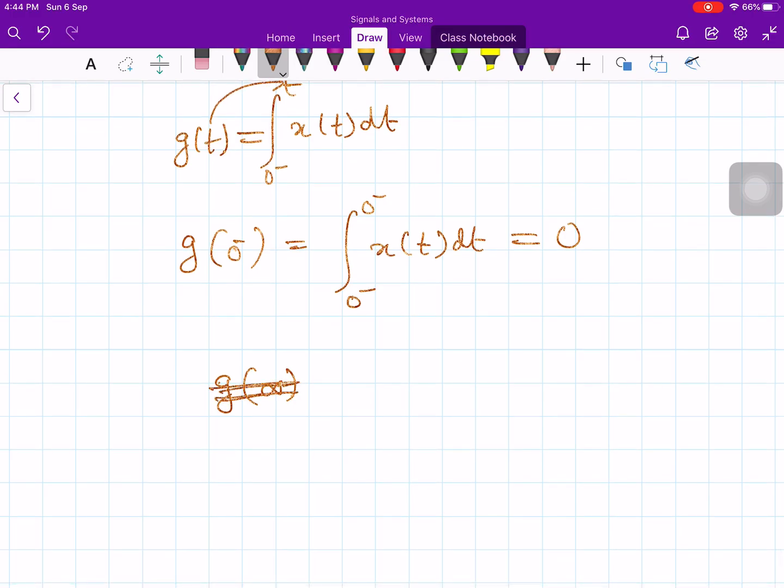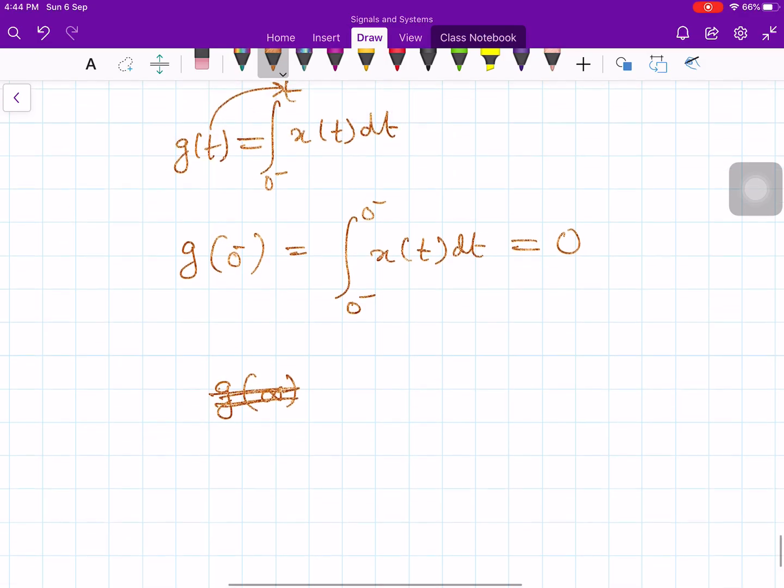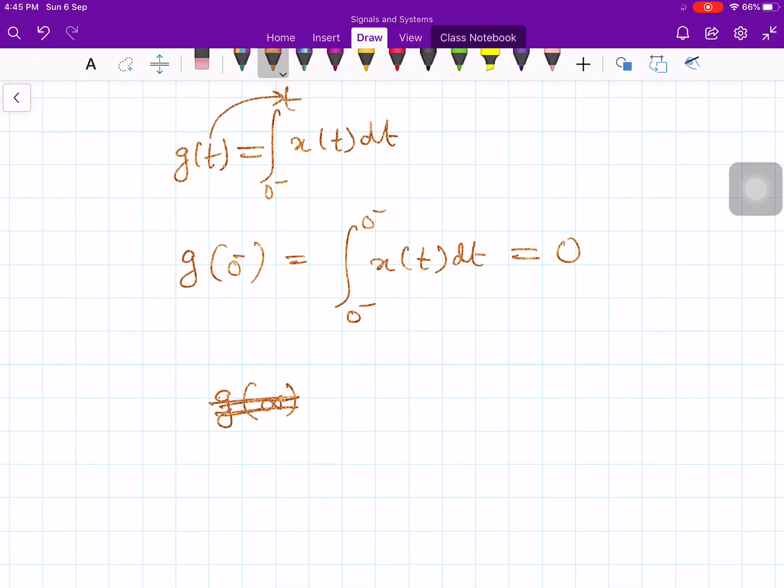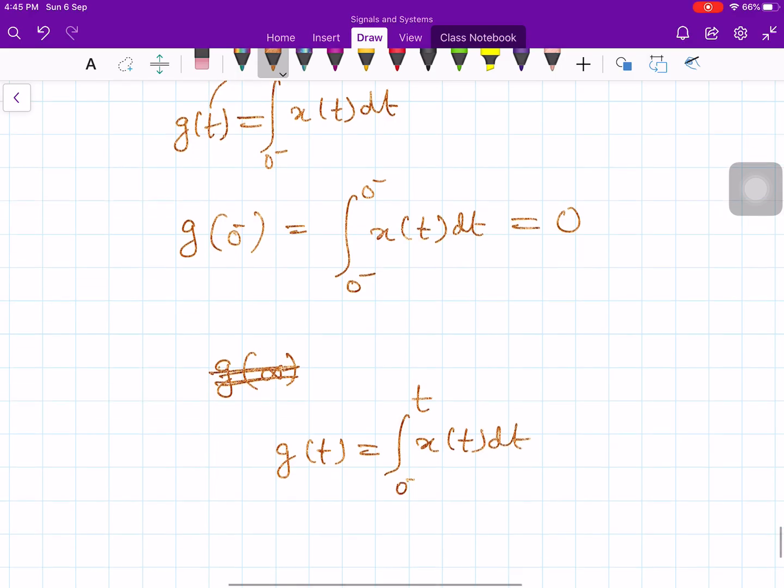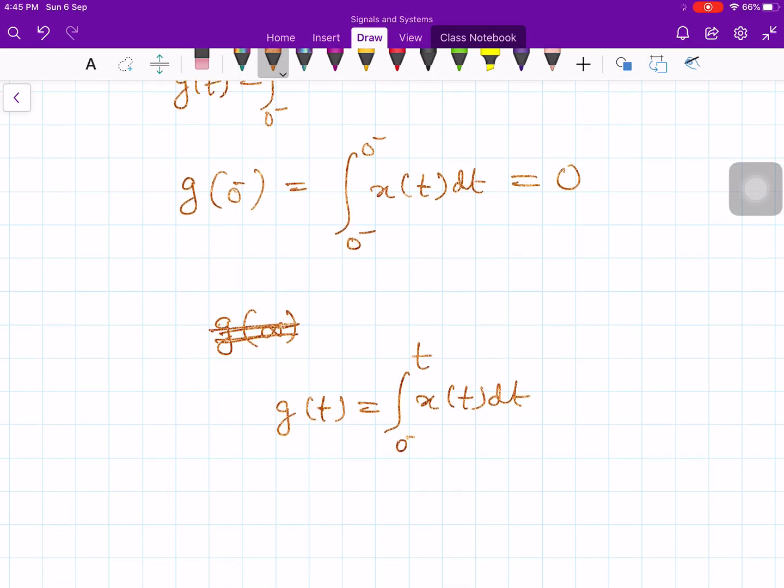So I can write g of t as the integral from 0 minus to t of x of t dt. If we differentiate both sides, the differentiation and integration cancel, and g dash of t is equal to x of t.